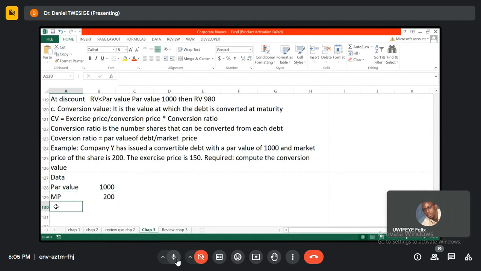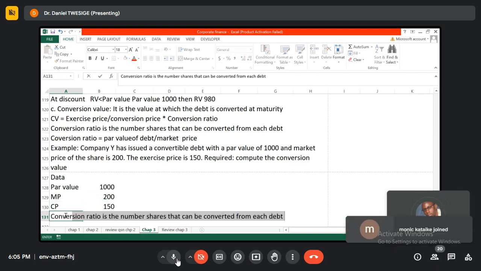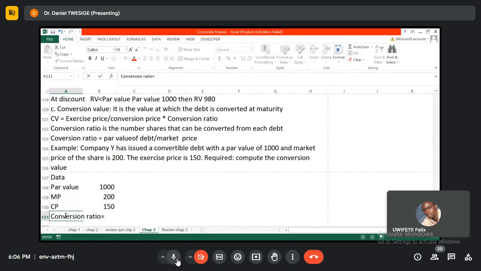The conversion price is 150. So what is going to be the conversion ratio? The conversion ratio would be 1,000 divided by 200. It means you are getting 5 shares from each debt. You will be given 5 shares.